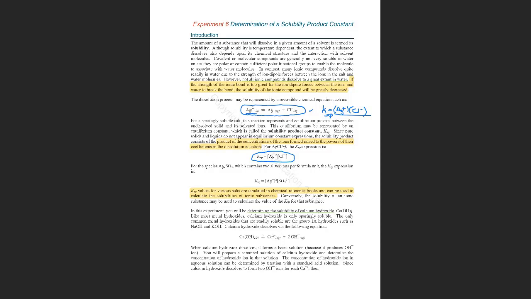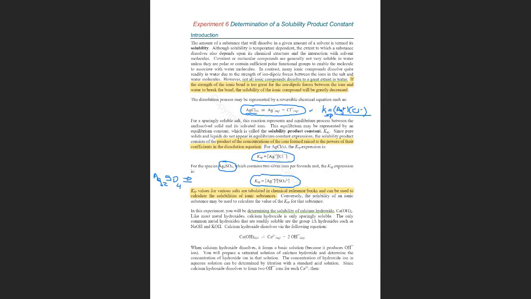When you have a salt like this, why is the expression raised to the second power? Because you always have to write the dissolution. So let's say you have this salt, silver sulfate.